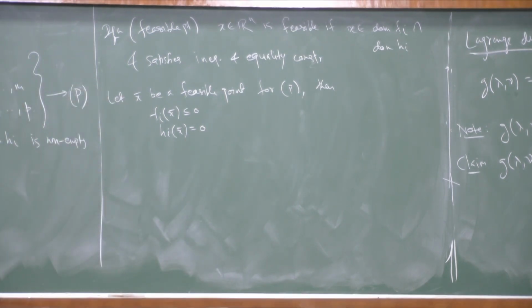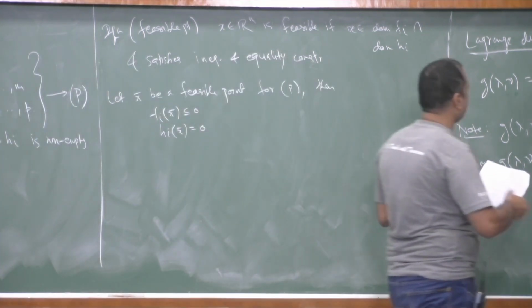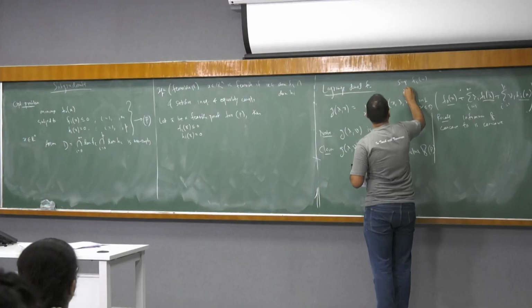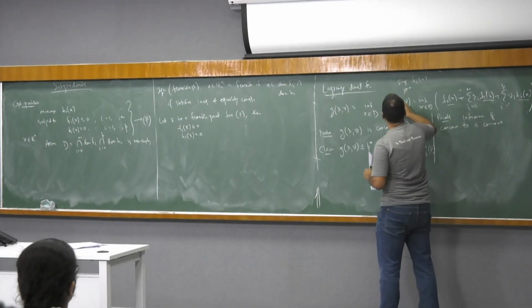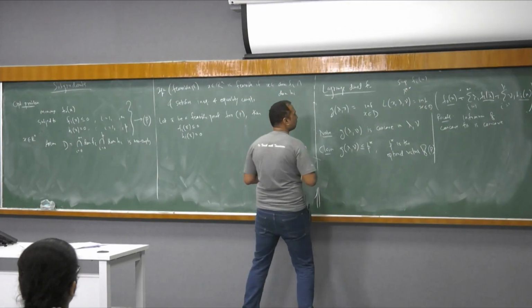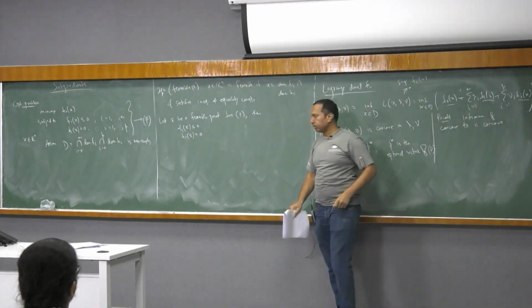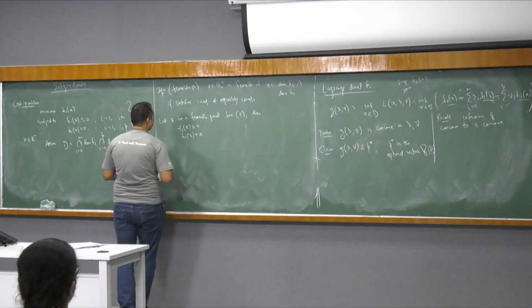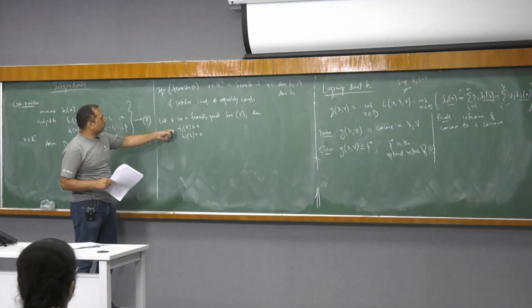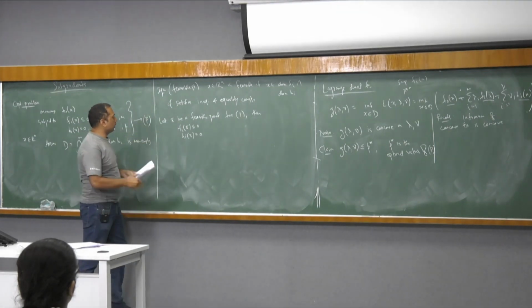In the Lagrangian, one thing to note is that these lambda i's are greater than or equal to 0. The reason is that we don't want to flip the inequality constraints. So lambda i's are greater than or equal to 0.